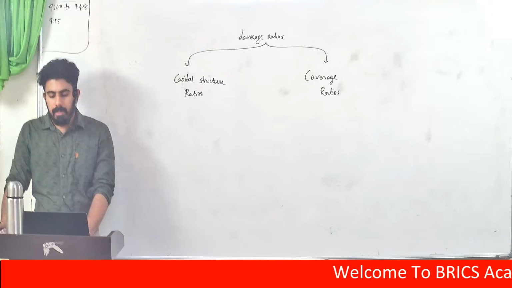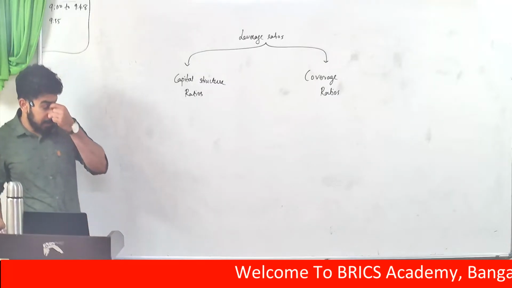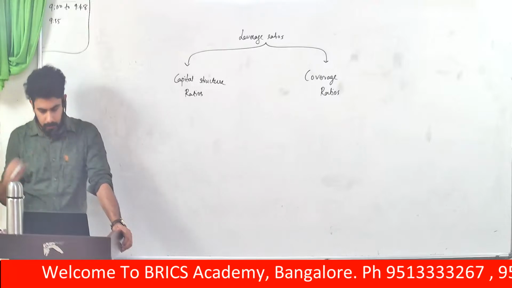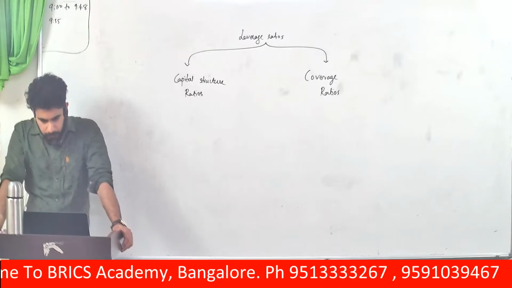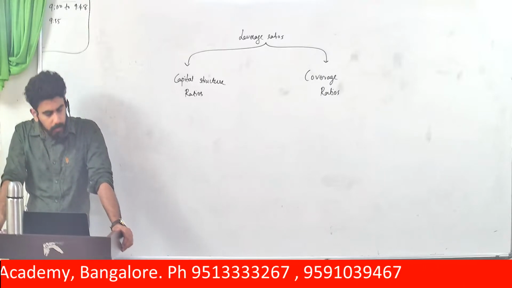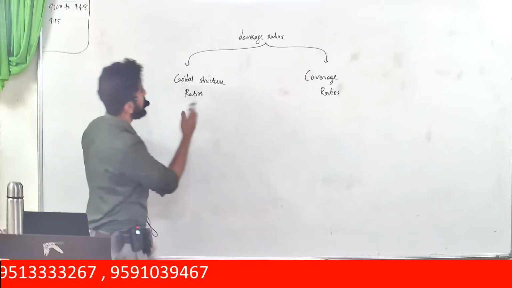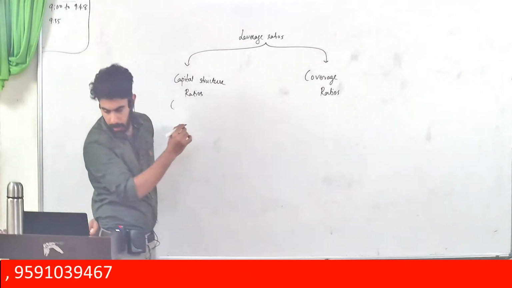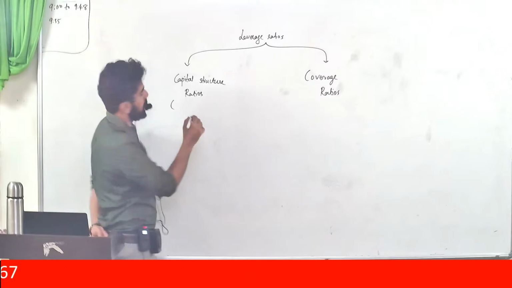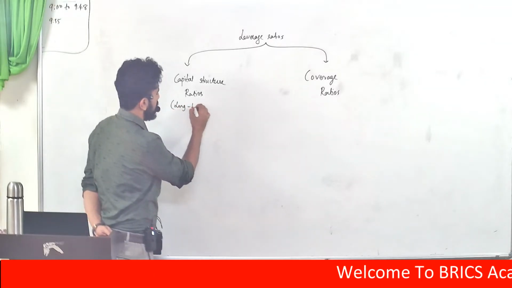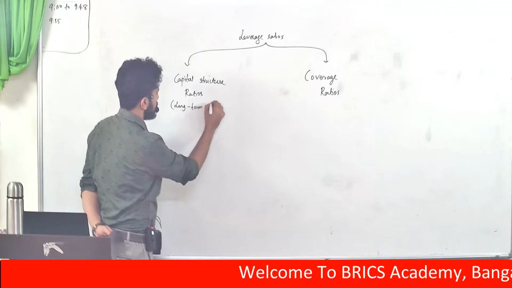Okay. So here we'll look at the long-term solvency position, guys. In capital structure ratios, we'll look at the long-term solvency. Under capital structure ratios, in brackets, you write long-term solvency ratios.